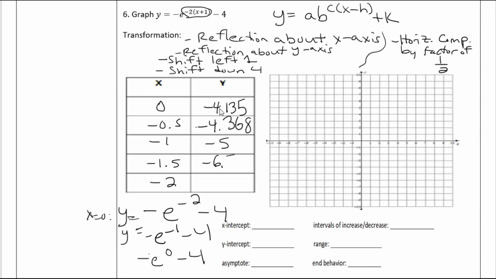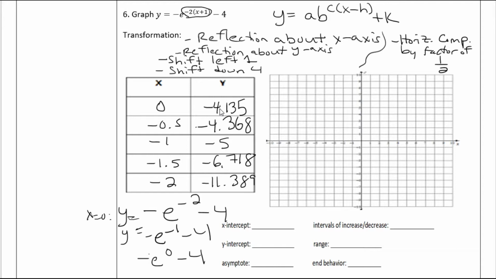Negative 6.718. And then one more. If I plug in negative 2, I get negative e to the second power minus 4. Negative 11.389.